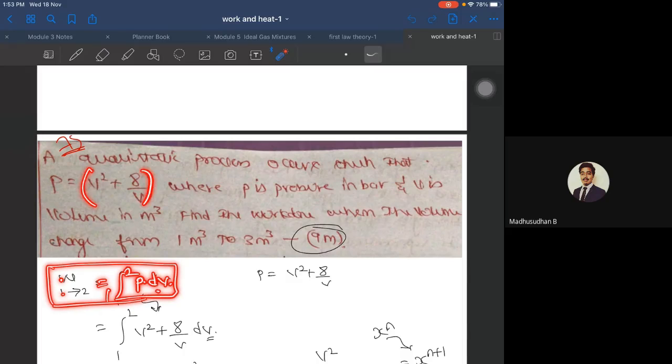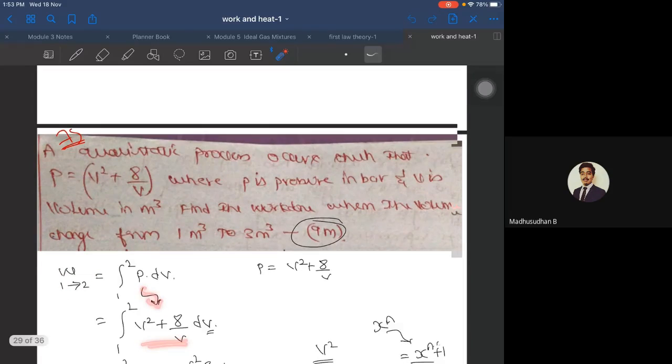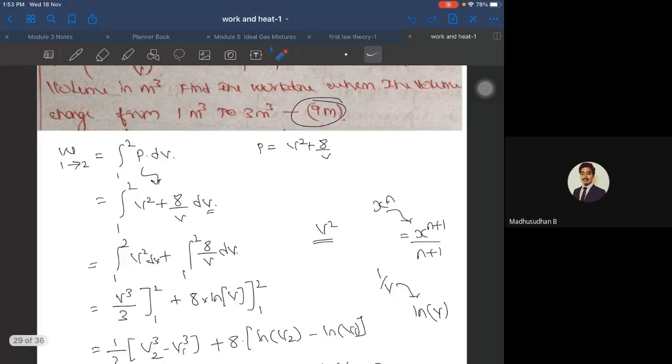P here is given as V square plus 8 by V. Substituting the same in P here, it is V square plus 8 by V. Now, performing the integration, integration of V square is V cube by 3, and integration of 1 by V is ln V. Taking the constant 8 outside, integration of V square is V cube by 3, and integration of 1 by V is nothing but ln V, over the limits 1 to 2.